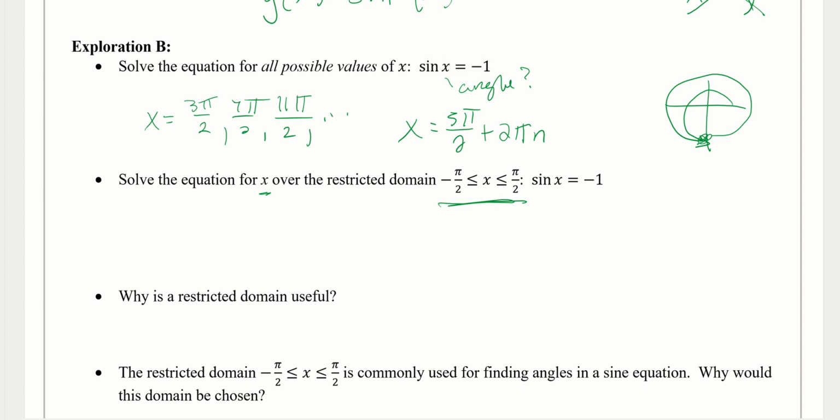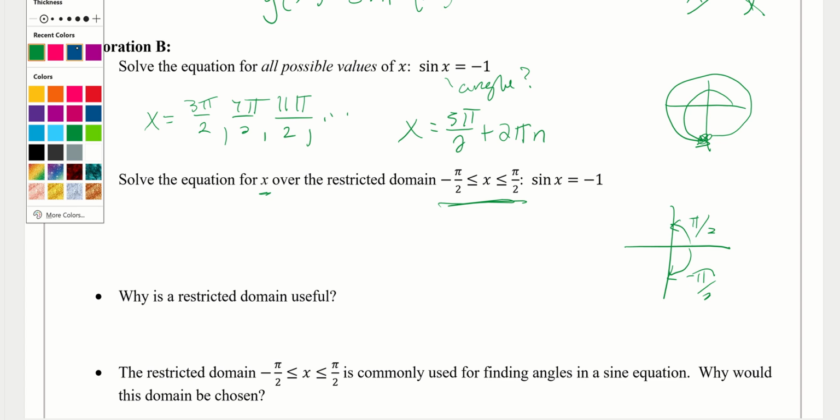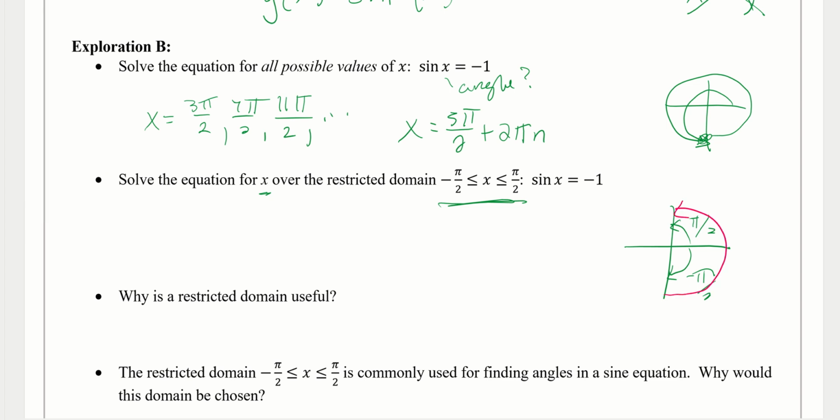Okay, so notice that if you think about the restricted area, negative pi over 2 goes to here, and positive pi over 2 goes up here. And so the restriction is from here to here. So that's the restriction that we're dealing with right here. So a little bit different.